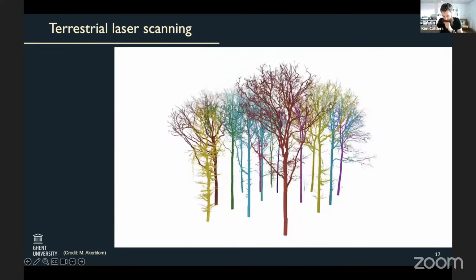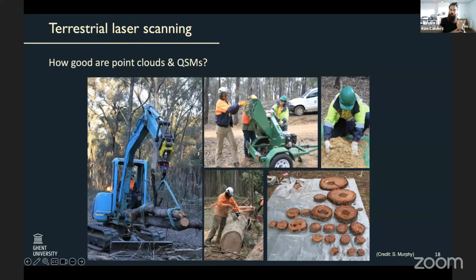So when we first started doing this work, almost more than a decade ago, the first question that we wanted to answer is, well, how good are these point clouds and how good are these QSMs? Okay, it's nice to have this new fancy tool, but if we can't validate what we're measuring, it's not of much use, and it will be hard to convince people that there is actually a lot of potential in these new technologies.